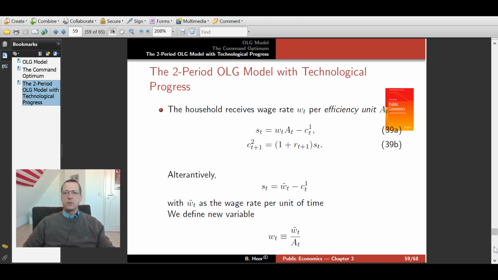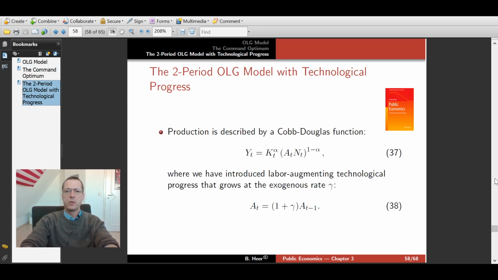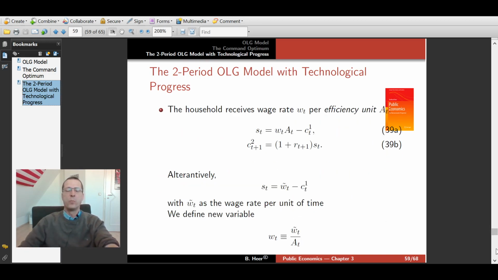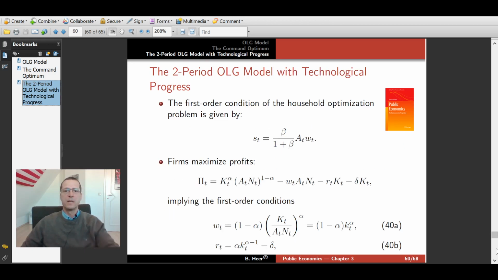We can substitute 39a and 39b, get the lifetime budget, and maximize lifetime utility, equation 36, with respect to our intertemporal budget constraint, and derive optimal savings, which in the case of a logarithmic utility function is just a function of wages.